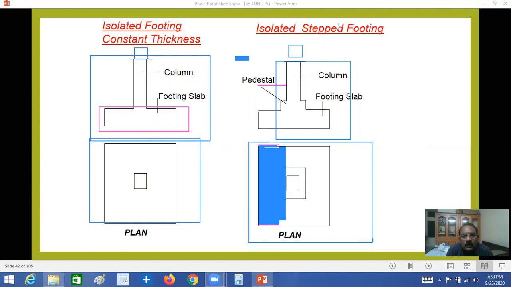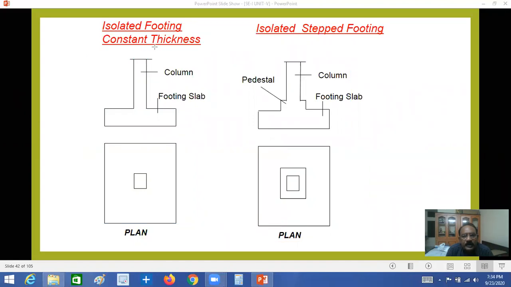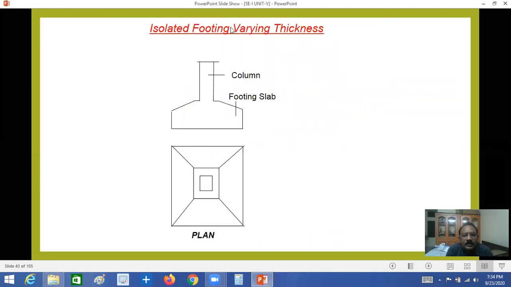So you understand well what is isolated footing with constant thickness and stepped footing. These are two important types, and one more is trapezoidal. If you see this one here, it is just like a cantilever. This is the sloped footing.